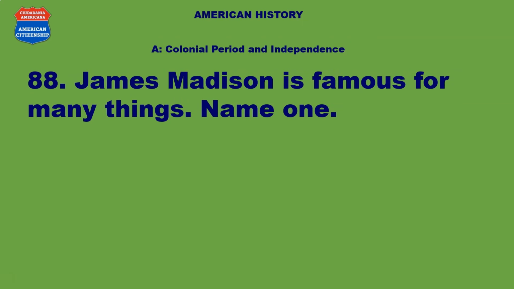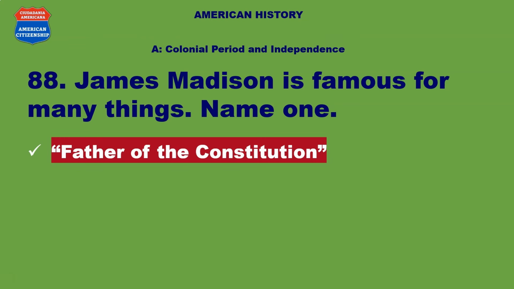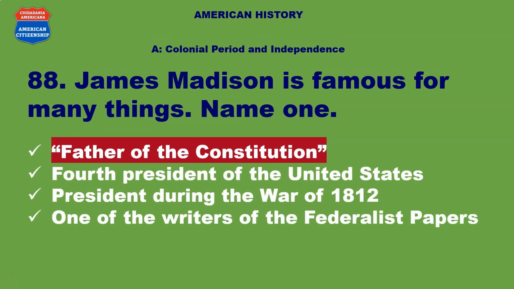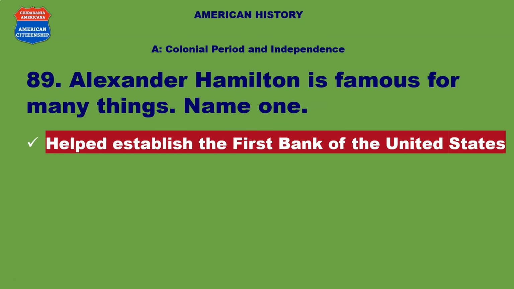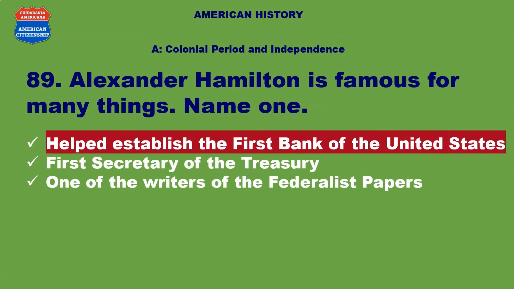James Madison is famous for many things. Name one. Father of the Constitution. Alexander Hamilton is famous for many things. Name one. Helped establish the first bank of the United States.